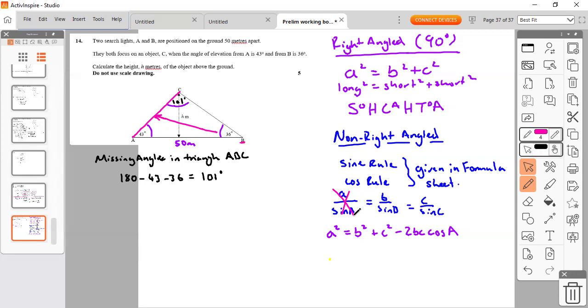I can rule that wee bit out and just use this to find the missing side. I'm going to find side B. Does everyone understand that step? Is everyone comfortable with that step?